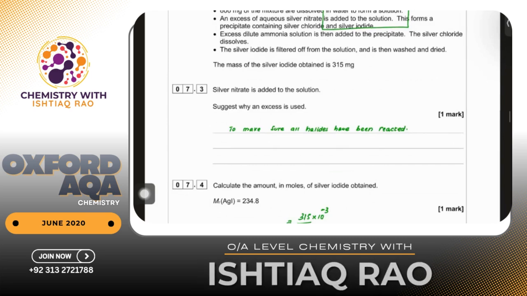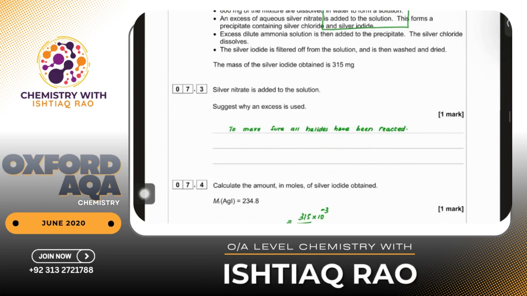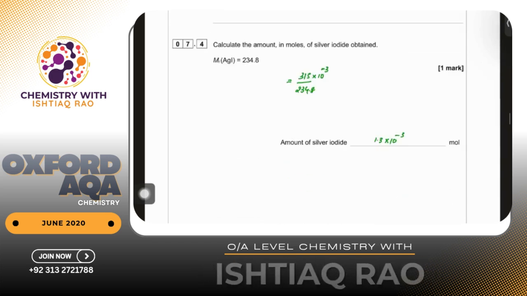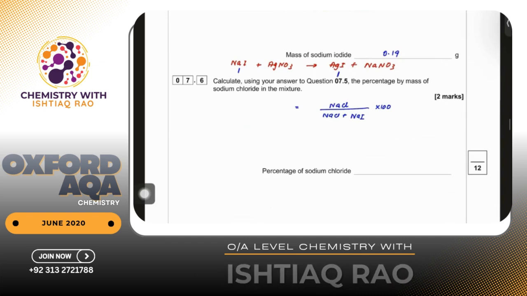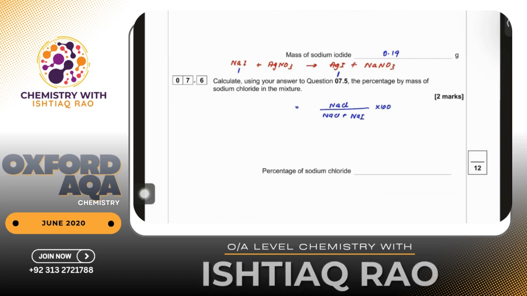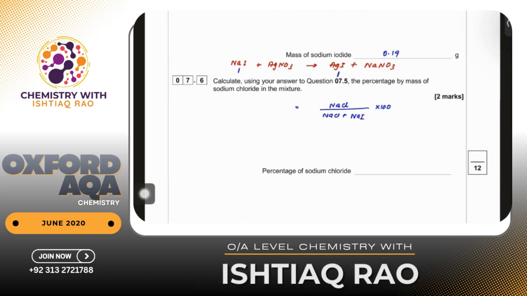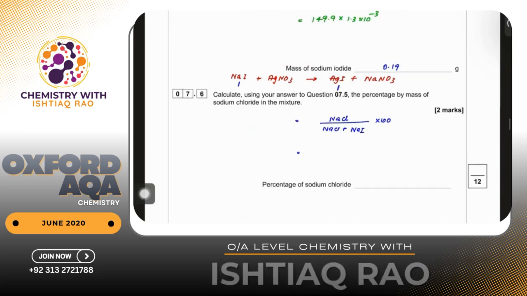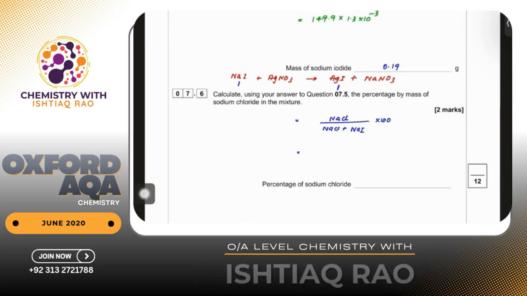Wait, what do I have to find? NaCl divided by NaCl plus NaI. So sodium chloride over sodium chloride plus sodium iodide, and the mass of sodium iodide is 0.19. But what about sodium chloride?